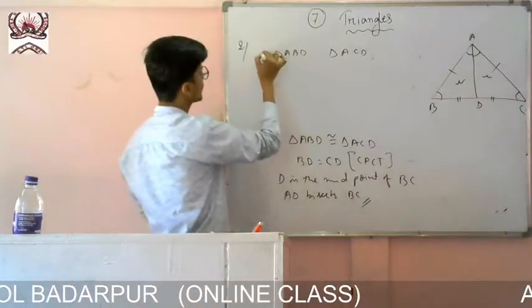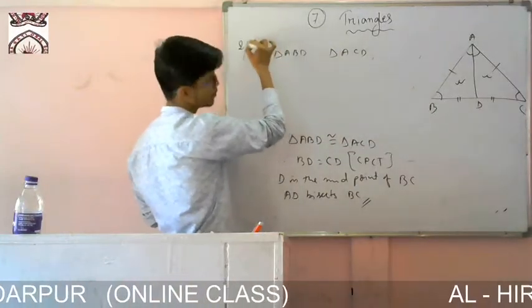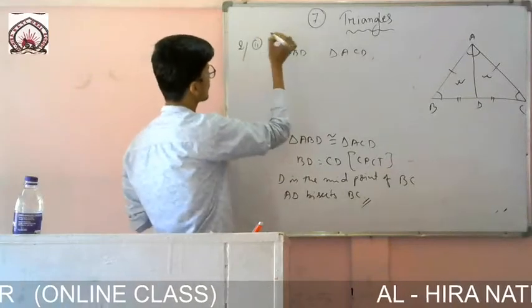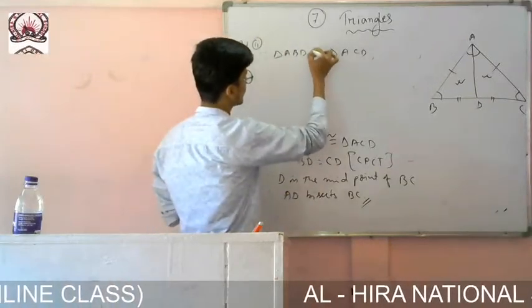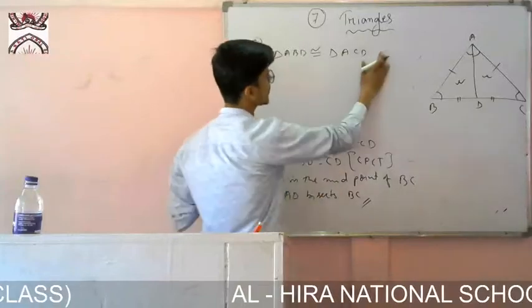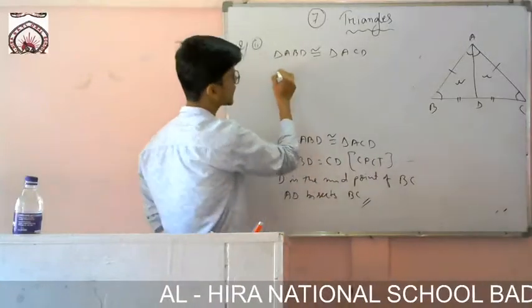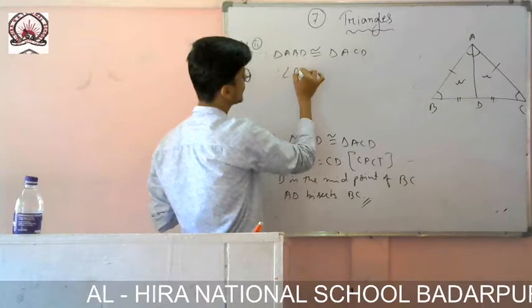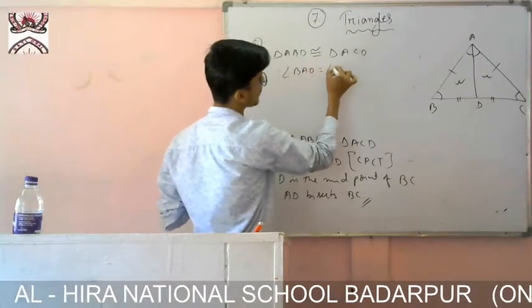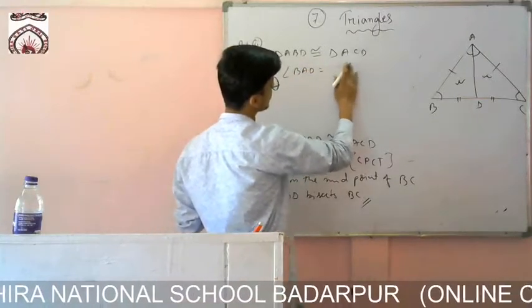Since just now we have proved that these two are congruent, I can write angle BAD is equal to angle CAD.